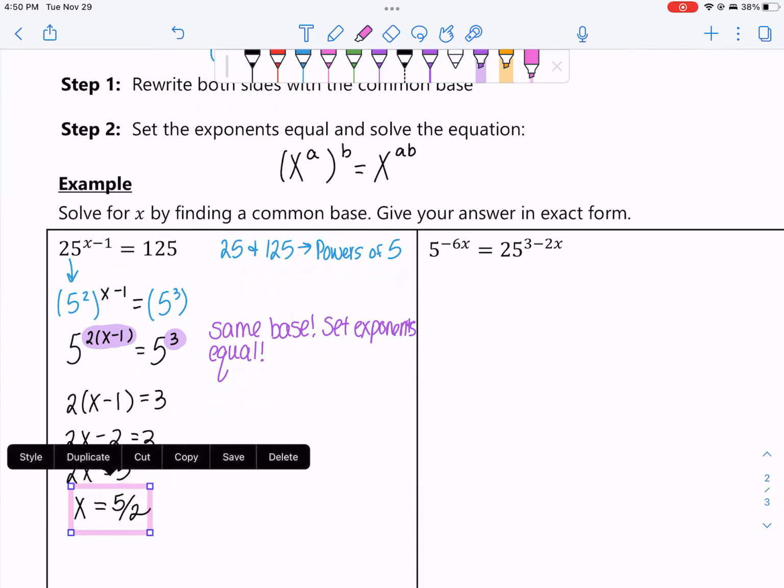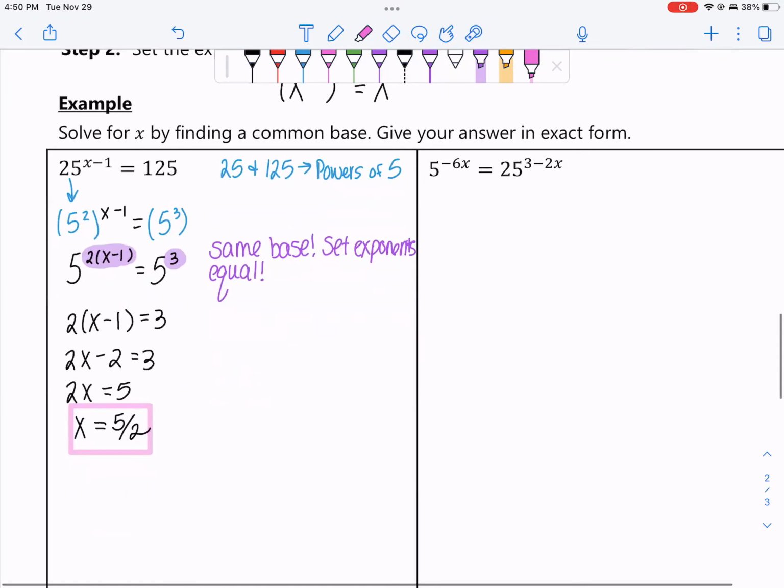And here's the fun thing. We don't have to check our answer, but it's really not that hard to do so if we really want to, right? Plugging back into this one up here is pretty fast, especially since there's only an x on one side. All we have to do, if we do want to check it, is do 25 raised to the 5 halves minus 1, plug it into our calculator, and see if we get 125.